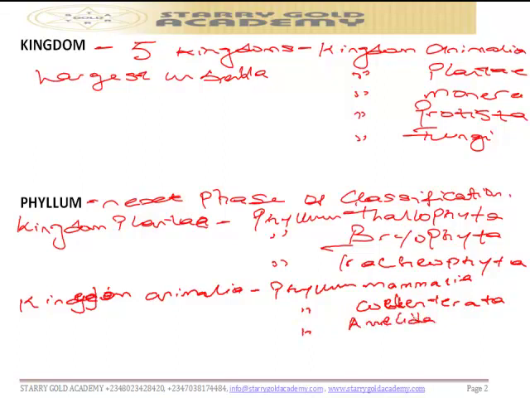Annelida are the animals with a segmented body, like our flatworms.